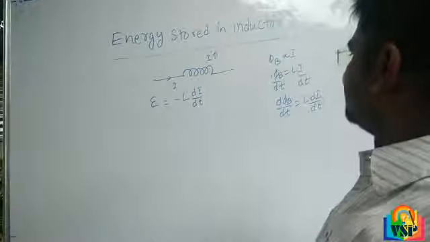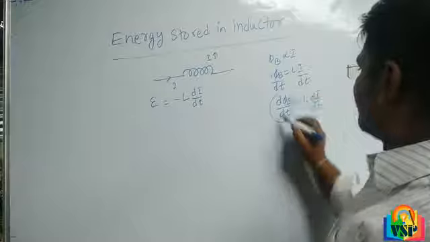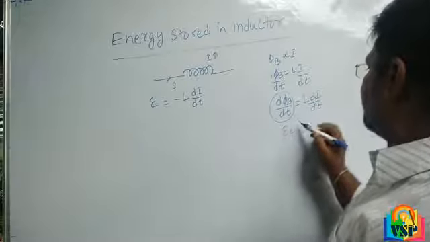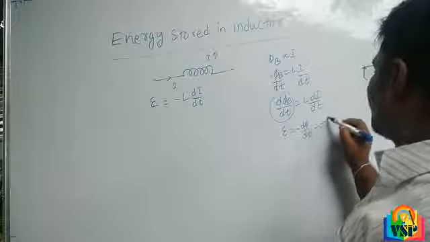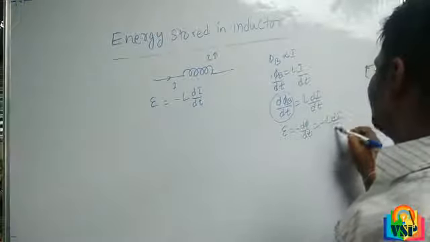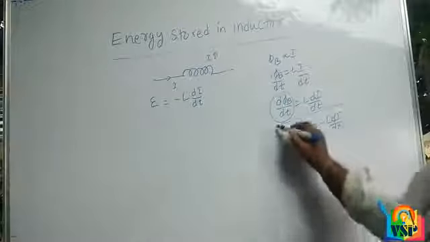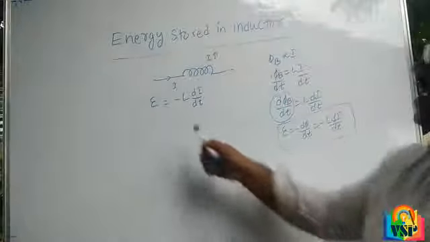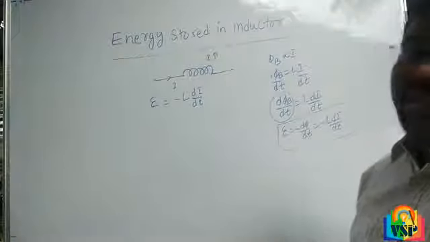So what is the rate of change of flux? The induced EMF E is equal to minus d phi by dt, that is equal to minus L di by dt. In this way we get E is equal to minus L di by dt.